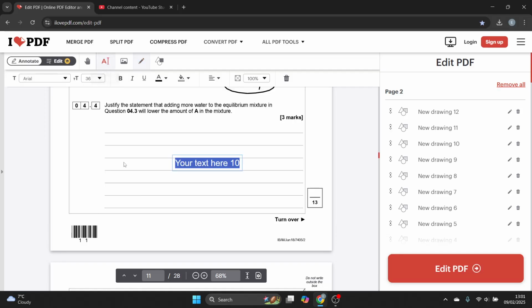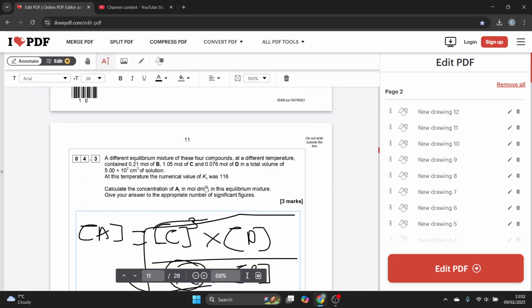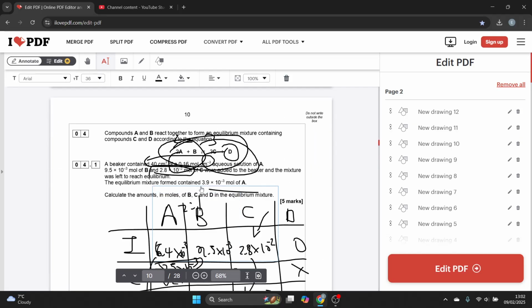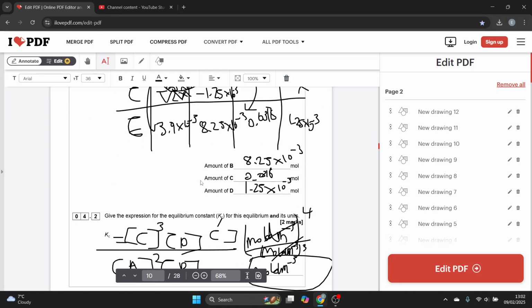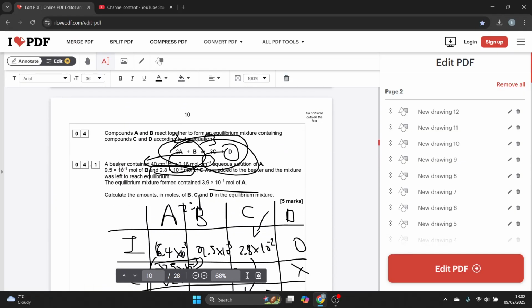Justify the statement that adding more water to the equilibrium mixture in question 4.3 will lower the amount of A in the mixture. Add more water. Same as with pressure, if I add more, it's going to shift to the side with fewer.